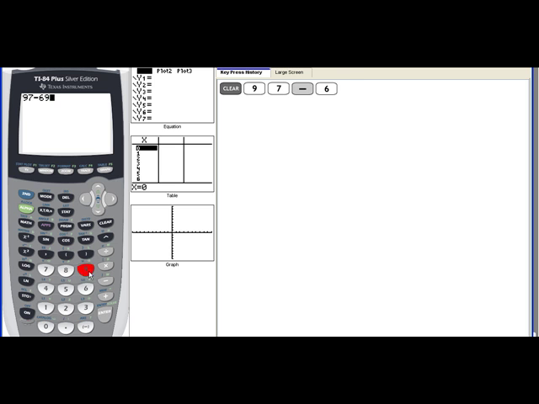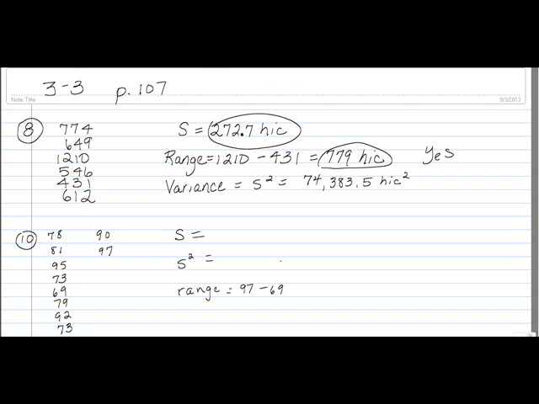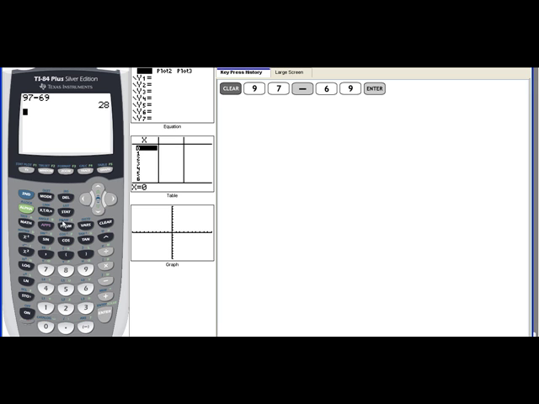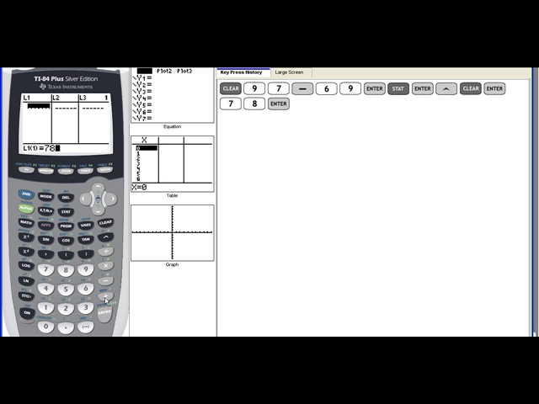Now I want to go to Stat and Edit, and I need to go up and clear that list. So I hit clear and then enter. Now I'm going to enter my numbers: 78, 81, 95, 73, 69, 79, 92, 73, 90, and 97.